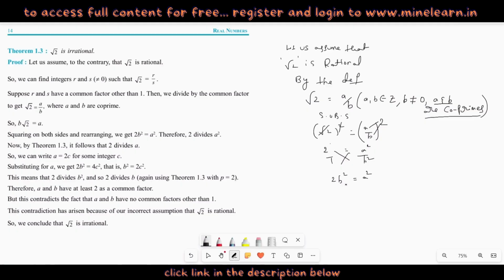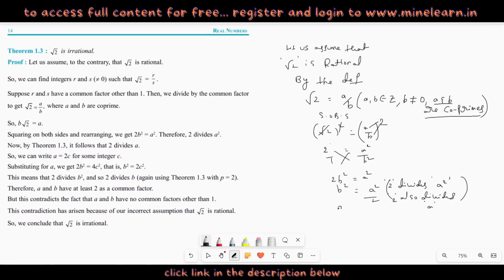Now, a square is equal to 2b square. Here is a condition: if 2 divides a square, it also divides its base. That condition is going to be used. 2 divides a square, so 2 also divides a.